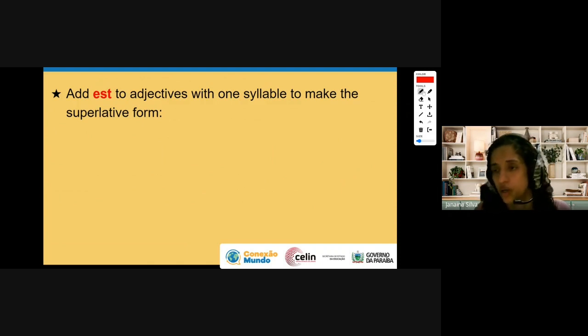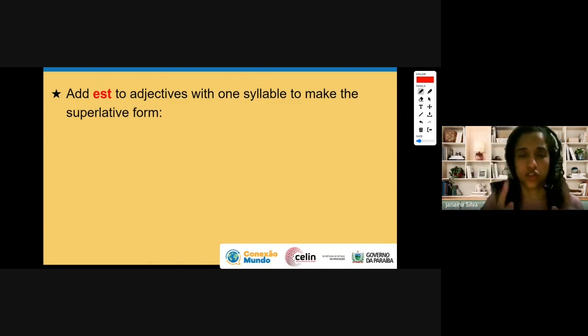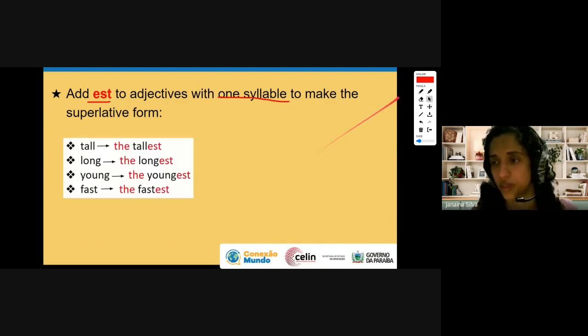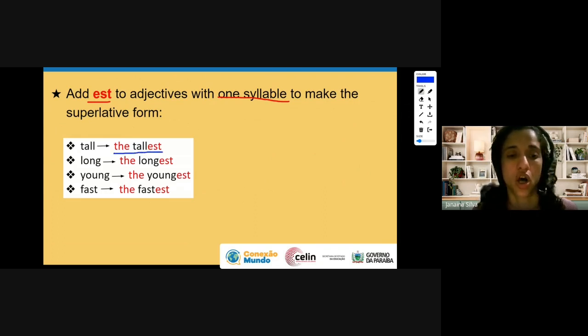So if you have a short adjective, the rule says add est to adjectives with one syllable to make the superlative form. So that's what happens. Tall becomes the tallest.